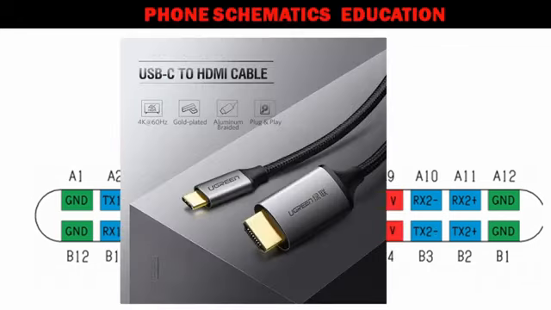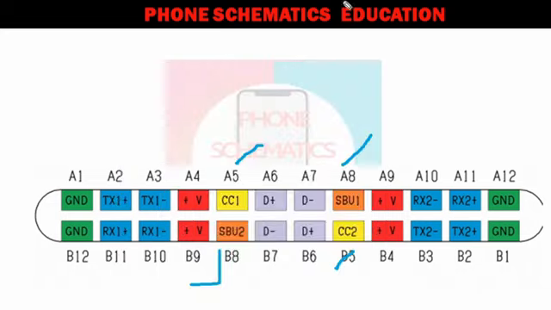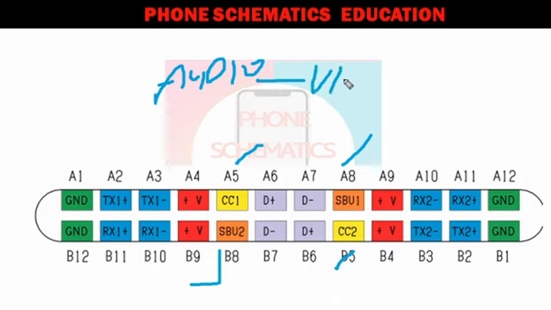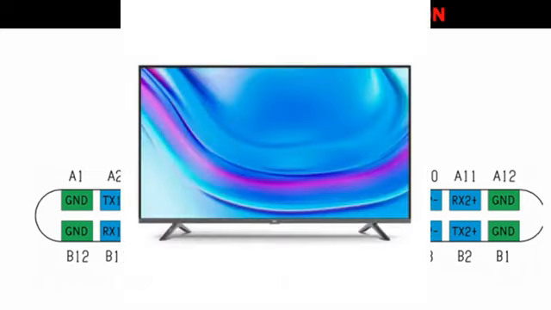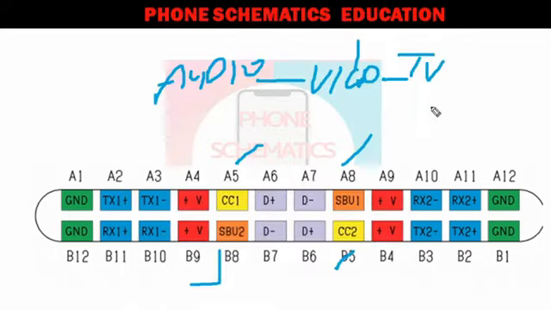After that, at the other end, a C-type port connects to your phone. Through these pins, your audio data, your music and your video, play on your TV and other sources, right? Let's make it easy for you.